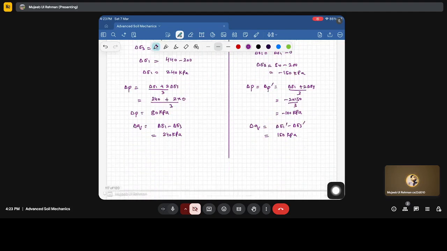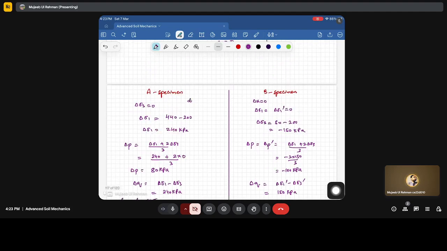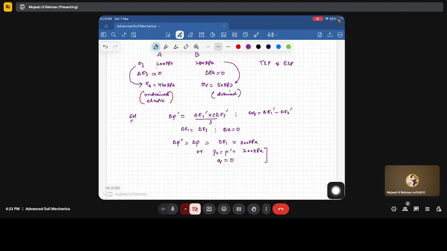So what is the current state now? If we write the current state, this is the incremental state during the increment, and this was the initial state.